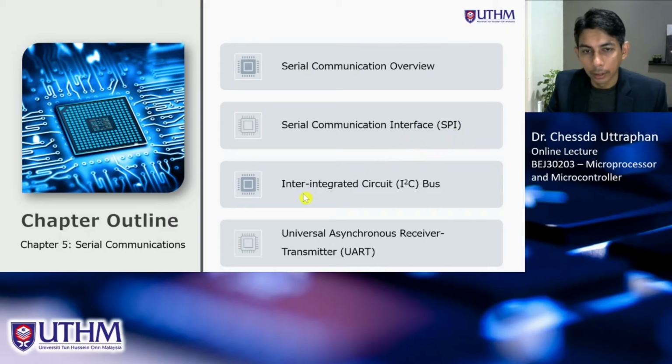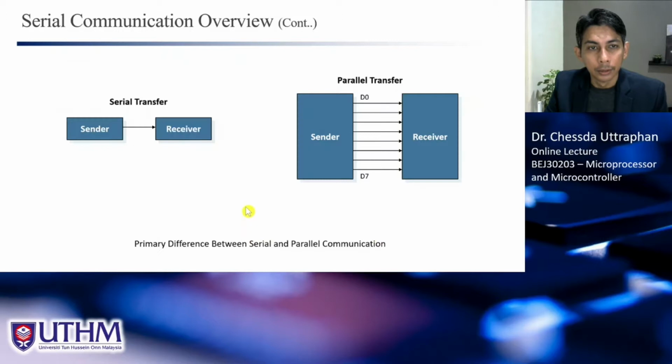Right? And today we will look at inter-integrated circuit, and we will look at the universal asynchronous receiver transmitter, or in short UART. So we have looked at the differences between serial transfer and parallel transfer, and what the advantages and disadvantages are for both communication methods.